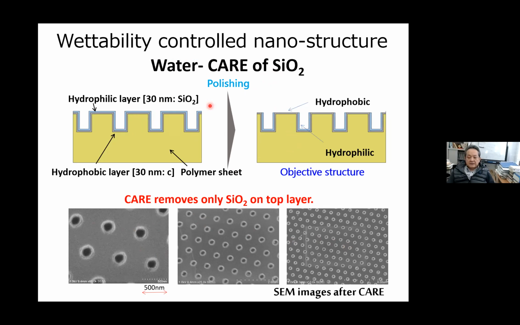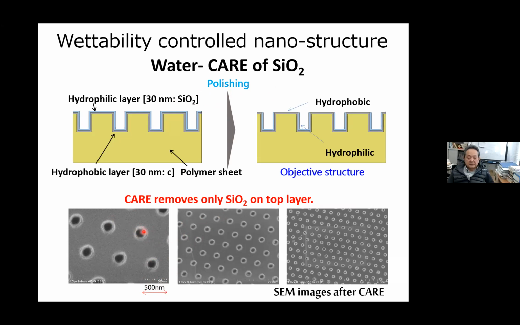As you can see, before the development of water CARE, this kind of method was considered to proceed by using a conventional polishing method, using powder particles. But if we use a polishing method and the powder particles go inside the hole, we can never remove them. As you can see here, the diameter of the hole was about 200 nanometers.